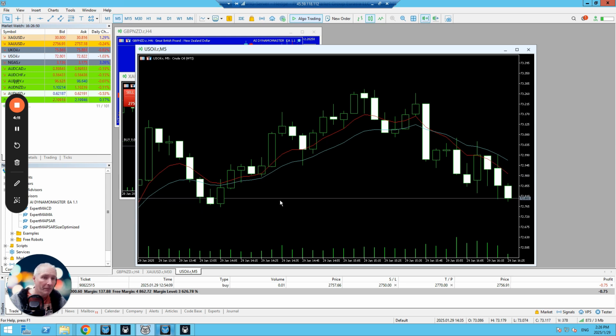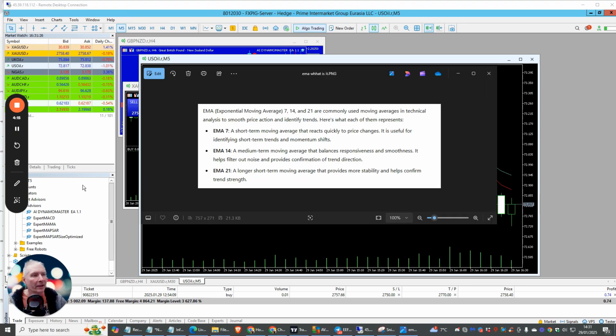Okay, now by now you might be wondering what EMA is. An EMA is an exponential moving average, 7, 14 and 21, which is what we're using. I commonly use moving averages in technical analysis to smooth price action and identify trends. Here's what each of them represents. The EMA 7 is a short-term moving average that reacts quickly to price changes.